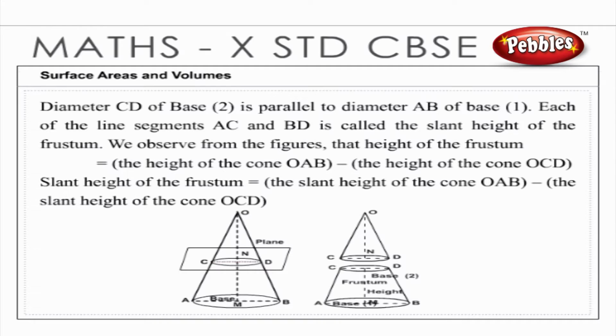Each of the line segments AC and BD is called the slant height of the frustum. We observe from the figures that height of the frustum is equal to height of the cone OAB minus height of the cone OCD. Slant height of the frustum is the slant height of the cone OAB minus the slant height of the cone OCD.